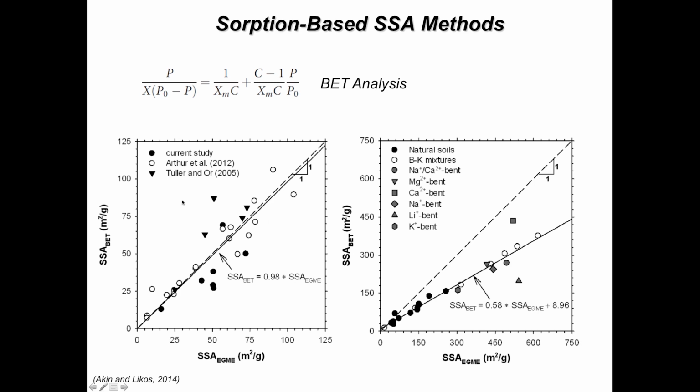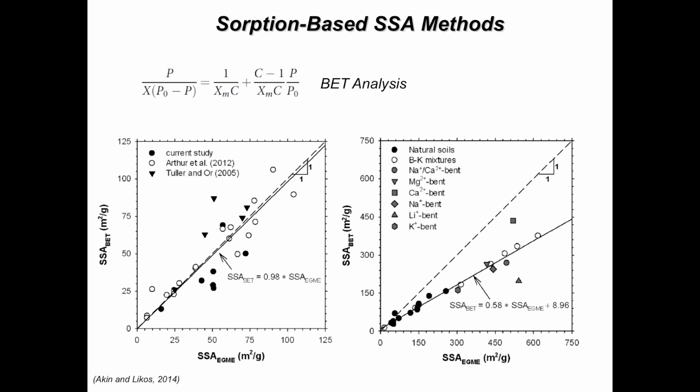And so what we're looking at here is a comparison between specific surface area calculated using water vapor and multi-point BET analysis versus an alternative approach using a different molecule, EGME. And we can see that we get fairly good correspondence between these methods for relatively low surface area materials, maybe less than about 100 meters squared per gram.